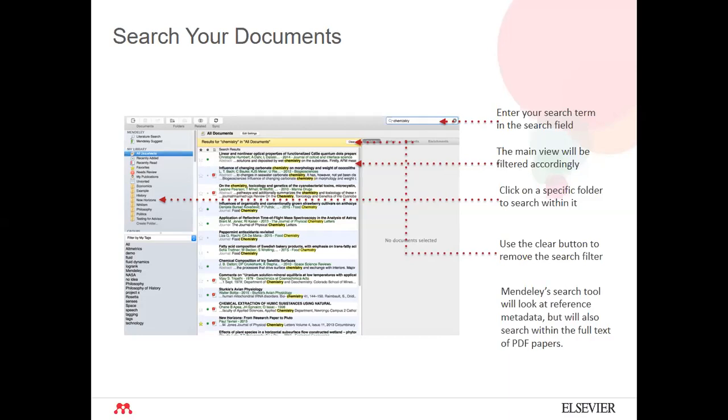But if you have selected a particular folder, then it will only search within that folder. Now watch out for that. I've been many times tripped up thinking, I'm sure there was an article on a particular topic in this library, and then I realize I'm searching through a folder rather than the entire library, so always watch for that.